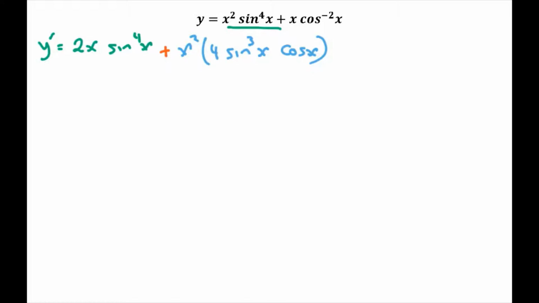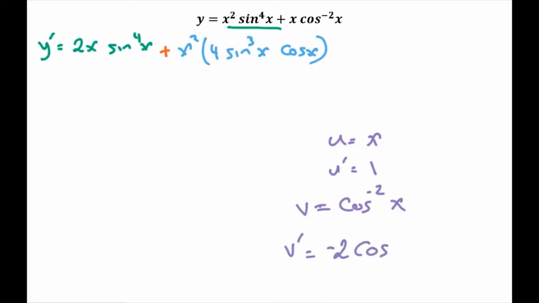So the second part, u equals x, u prime is 1. v equals cosine negative 2x. v prime will be equal to, you put the negative 2 down, you reduce negative 2 by 1, which is negative 2 minus 1, negative 3. And then you multiply by the derivative of cosine, which is negative sine x.